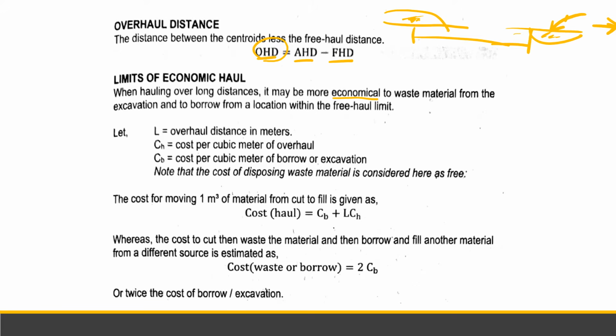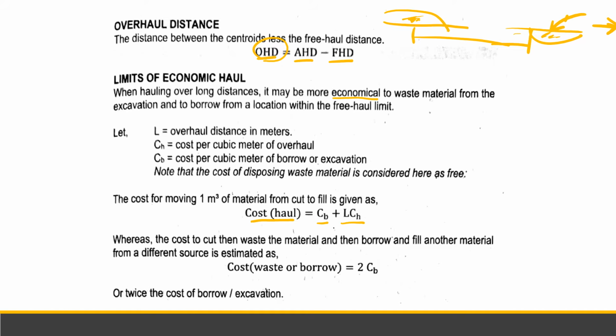So the cost for moving 1 cubic meter of material from cut to fill is given as cost of haul is cost of borrow plus overhaul distance times the cost per cubic meter of overhaul.